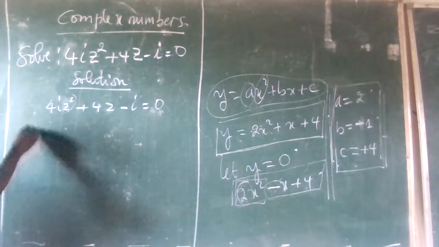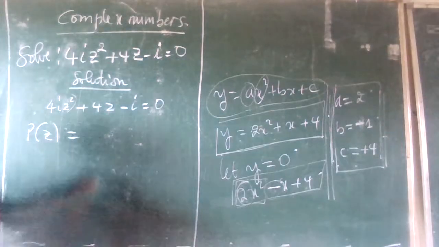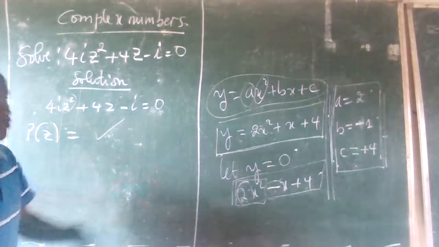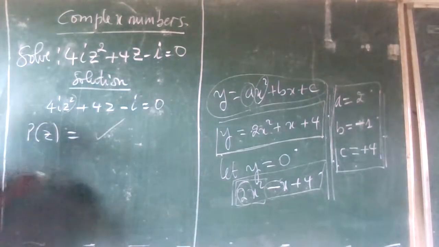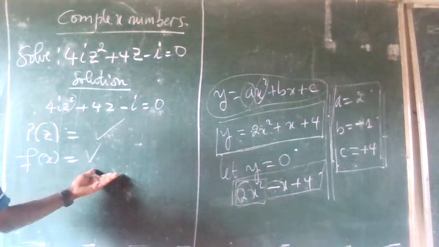For example, we should have p(z), which is equal to any kind of complex equation. Or we should have, for example, also f(x), which is any kind of quadratic equation.